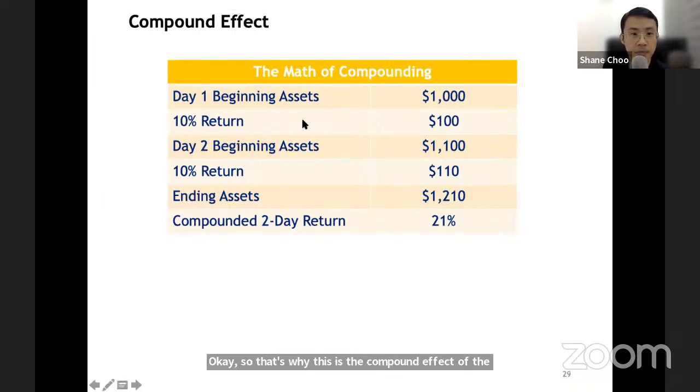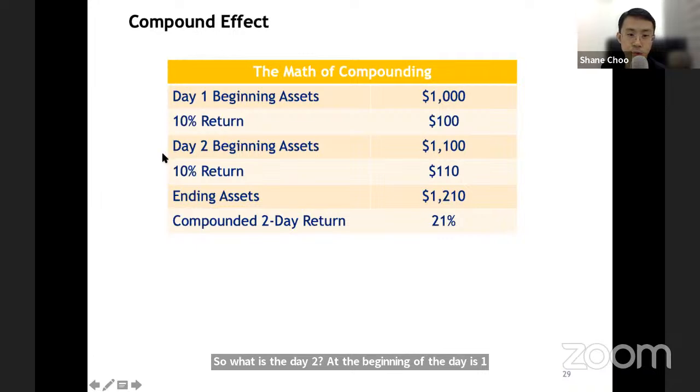So let's say the day 1 NAV is 1,000 ringgit. In day 1, by the end of the day, you get 10% return. So the day 2 NAV at the beginning of the day is 1,100 ringgit. Does it make sense? Yes, right?